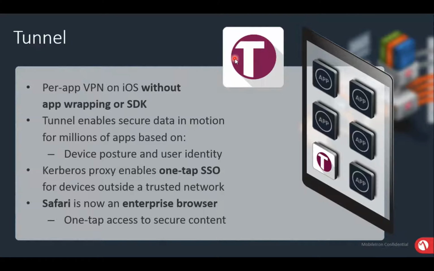So the user doesn't need to do anything on the device, they don't have to manually open or connect to the tunnel. The moment they open that app, the tunnel will automatically be triggered, and based on whatever authentication has been set, it will be connected to the backend resources. They can even make use of Safari or Chrome as an enterprise browser and make use of the tunnel to access the backend resources.